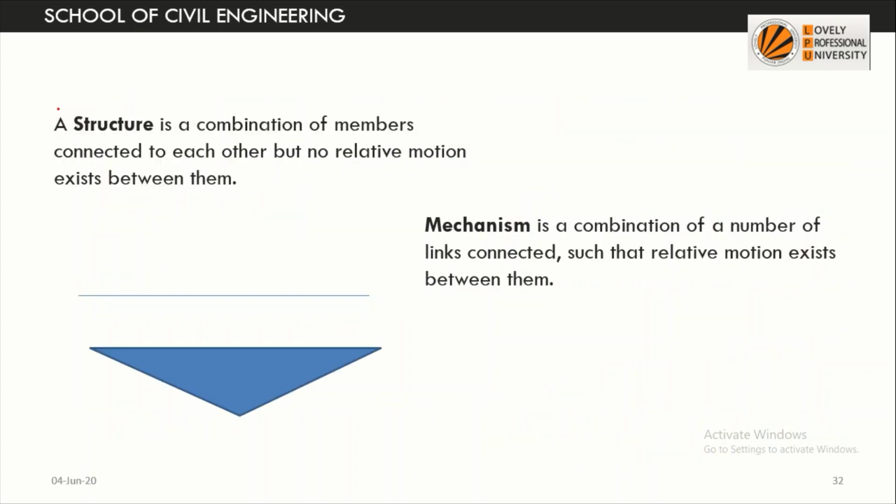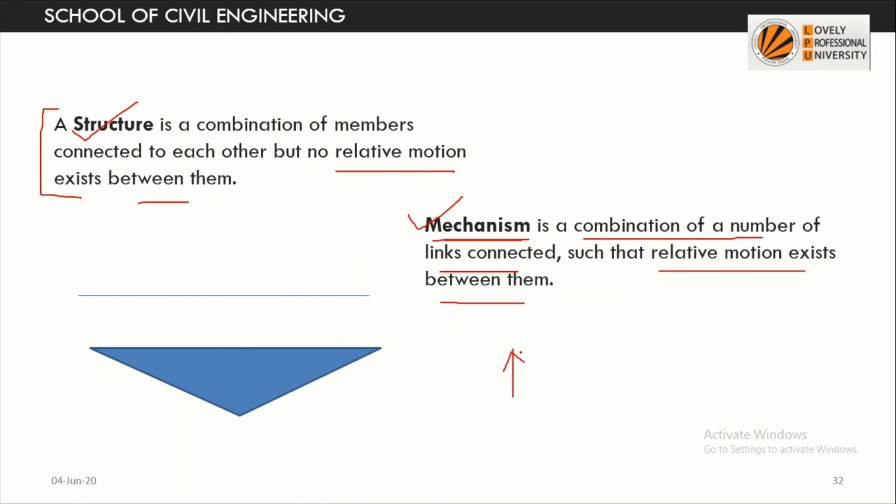Now, the difference between structure and mechanism. Mechanism is a term generally used by mechanical engineering students. In their mechanism, it is a combination of a number of links that are connected such that relative motion is possible between these links. However, in our structure the relative motion is not permitted. It is also a combination of members, but relative motion is not permitted. We will explain this with an example of a simply supported beam.